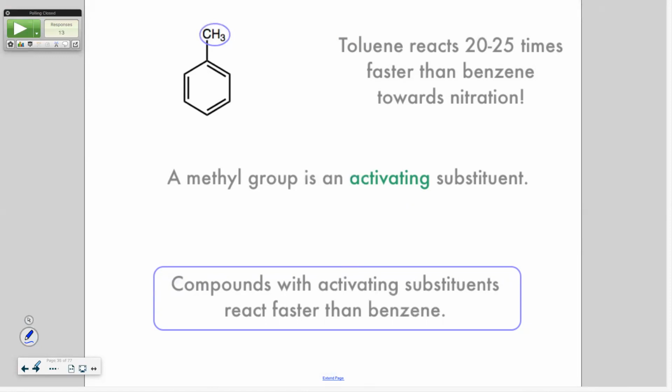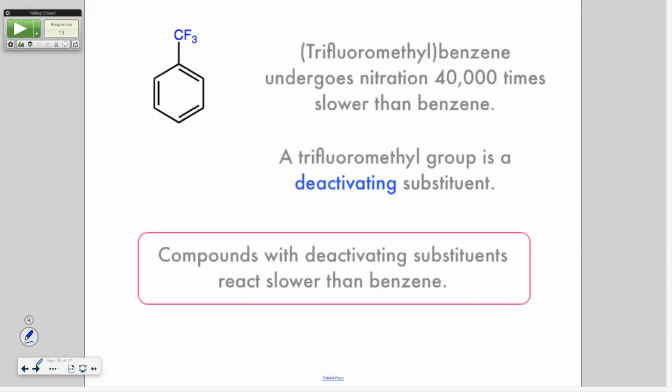Compounds with activating substituents react faster than benzene. Okay, faster than benzene. Okay, if you put a trifluoromethyl group on a benzene instead of a methyl group, that undergoes nitration 40,000 times slower than benzene. Okay, a trifluoromethyl group is a deactivating substituent.